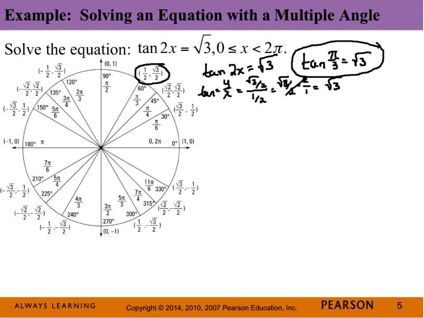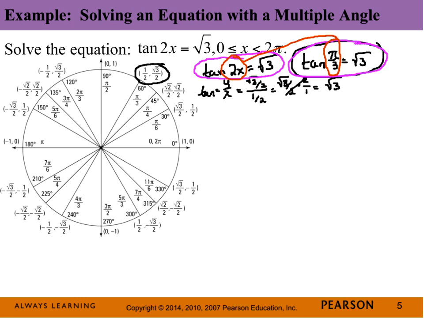So since I have this relationship set up right here that tangent of 2x is the square root of 3, and I also know that the tangent of pi over 3 is the square root of 3, then that means, and this is important, that 2x has to equal pi over 3.